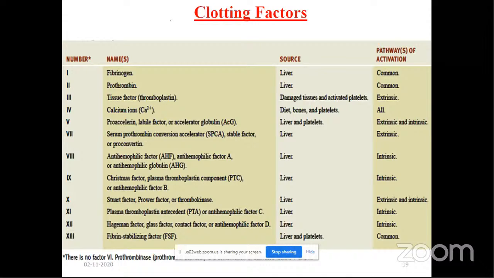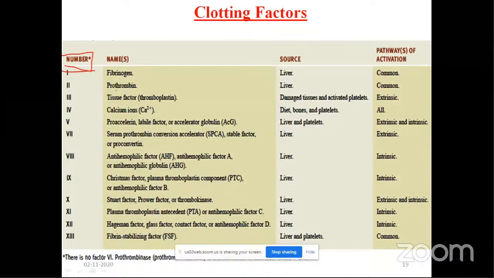So let's look at the different factors and the numbers that they were given. They were given Roman numerals as numbers, as per their order of discovery. As you know, in the blood already fibrinogen and prothrombin are present in an inactive state, so very readily discovered first. So fibrinogen was factor number 1.